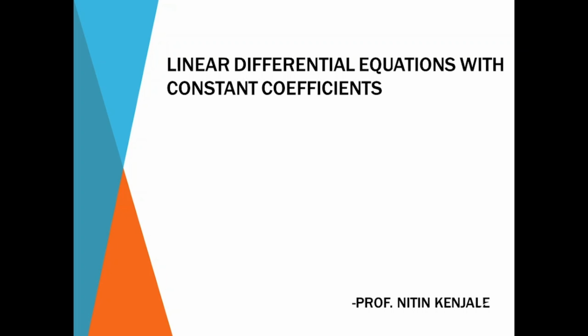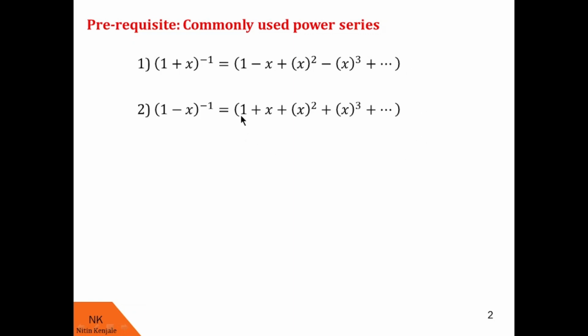Now, before proceeding to learn the technique, let us look at the prerequisite for this technique. The prerequisite is nothing but the commonly used power series for (1 plus x) inverse and (1 minus x) inverse. The power series for (1 plus x) inverse is given as 1 minus x plus x square minus x cube and so on, whereas the power series for (1 minus x) inverse is given as 1 plus x plus x square plus x cube and so on.